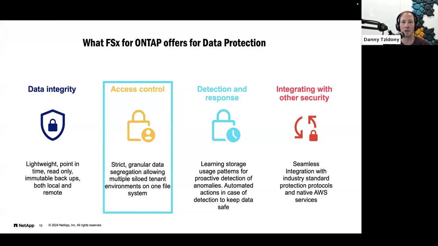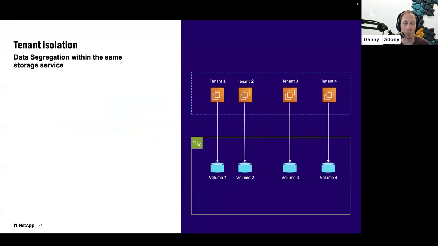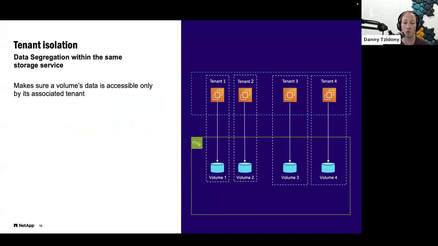And let's continue on to access control. If we want to prevent foolish people from doing foolish things, another means is access control. That means isolating our tenants, so that nobody accesses data that they're not supposed to access, by intent or by mistake. First of all, we want to make sure that the volume data is only accessible to the associated tenant. I'm sure many of you are running production environments in the cloud, maybe SaaS environments for your customers.